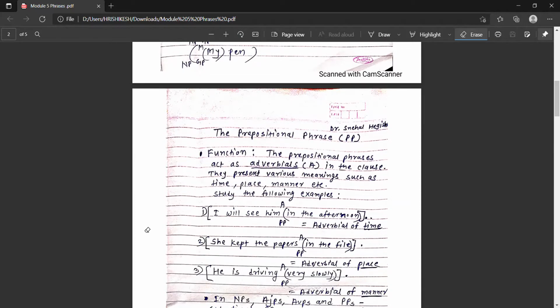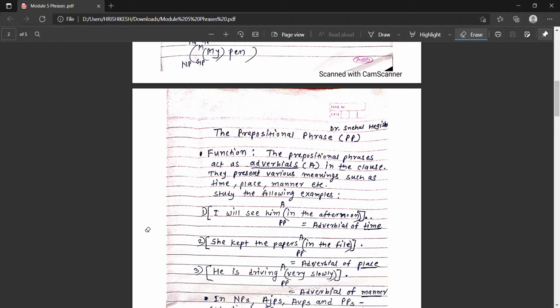First example: I will see him in the afternoon. We have enclosed in the afternoon in a round bracket, and this round bracket tells you that it is a phrase. What type of phrase is it? Below that round bracket, we have given the label PP. Two capital P's symbolize prepositional phrase.